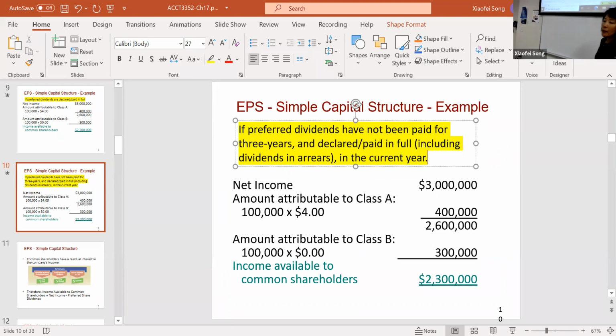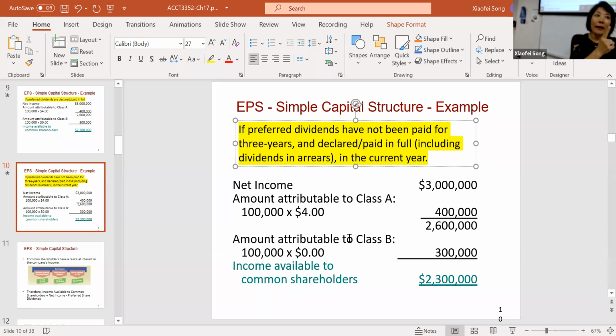So if the company has not paid a dividend for 3 years, and paid up all the dividends in arrears, including current year's dividends, it will have to pay 4 years of Class A preferred dividend and 1 year of Class B preferred dividend, right?